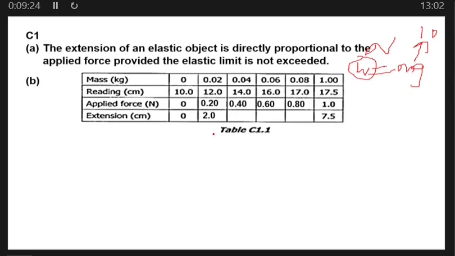All right, then when they had to put a 0.04 kg, the extension moved from 10 to what? To 14.0, because we must always be subtracting. So we are going to say 14 minus 10, which will be 4. Continue: 16 minus 10, which is 6. 17 minus 10, which is 7.